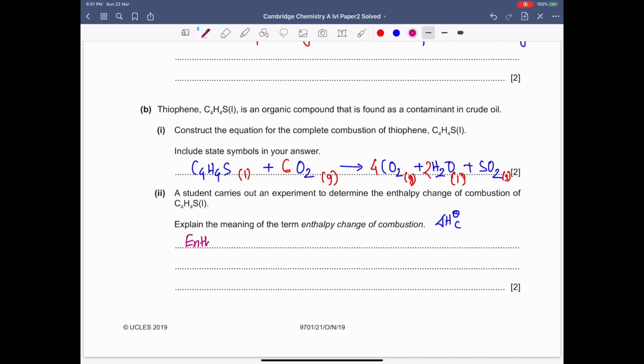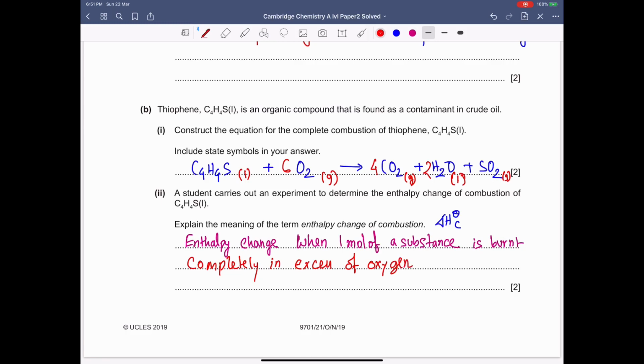Enthalpy change when 1 mole of a substance is burned completely in excess of oxygen. It is called enthalpy change of combustion.